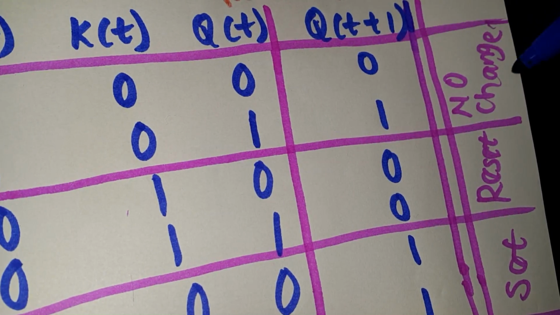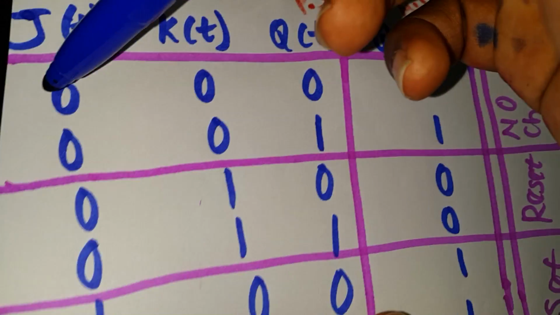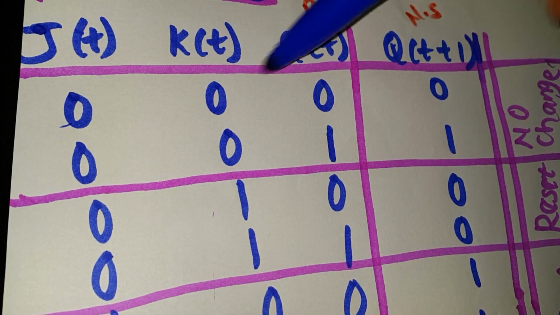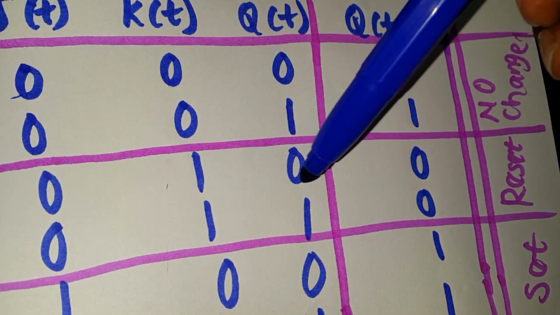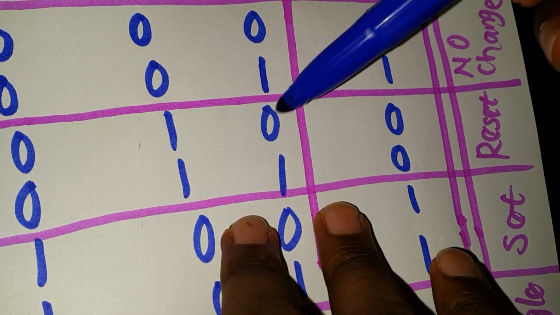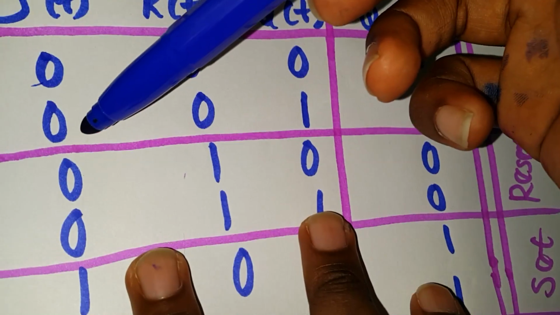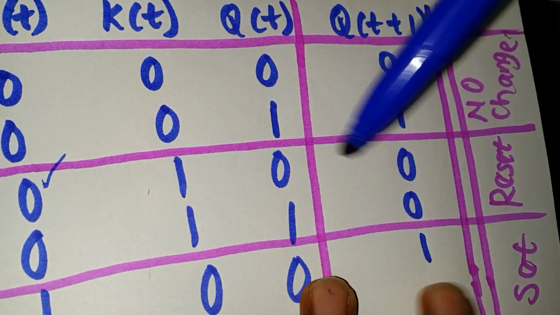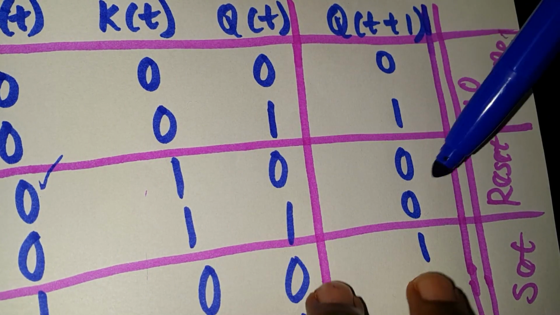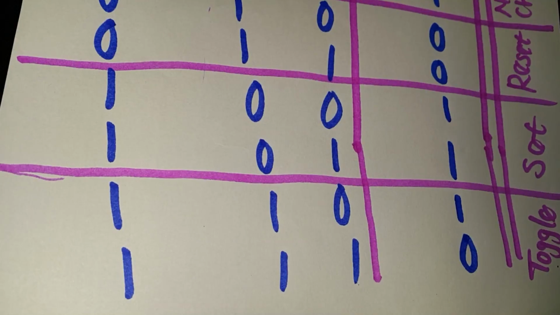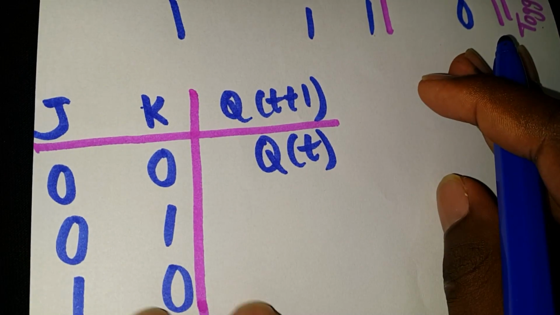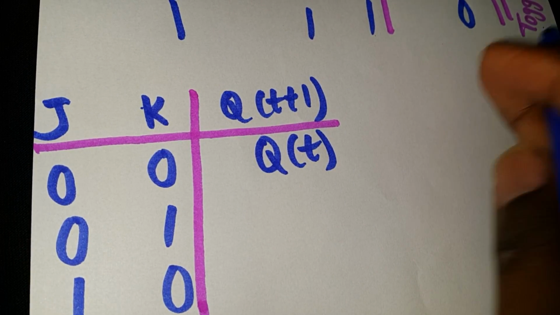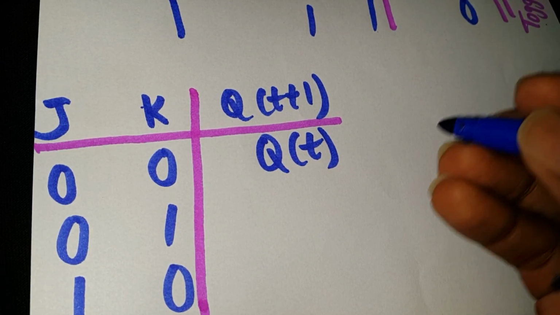So this block, there's no change when our J and K is 0 0. Then next block, when J and K is 0 1, we have reset. We are resetting this. I told you in the previous video when we were talking about SR flip-flop that reset means make 0.